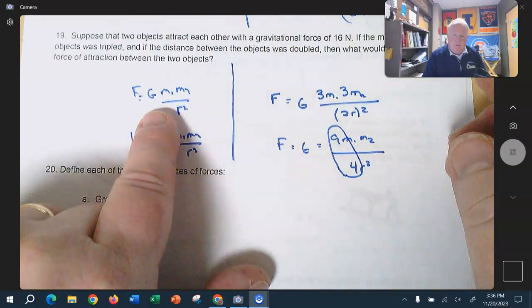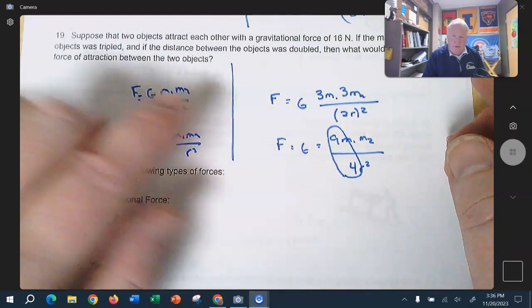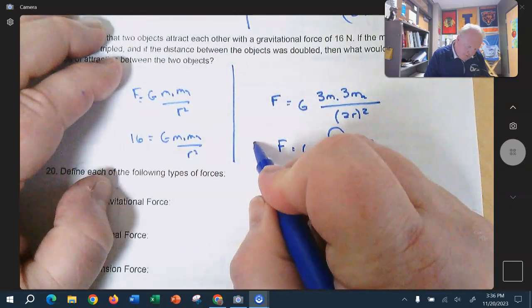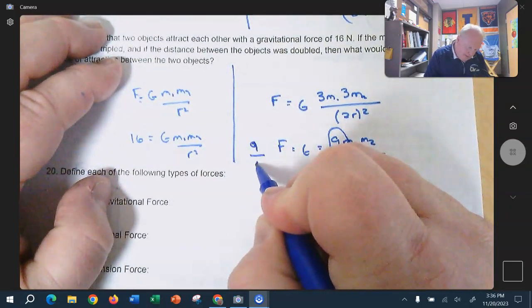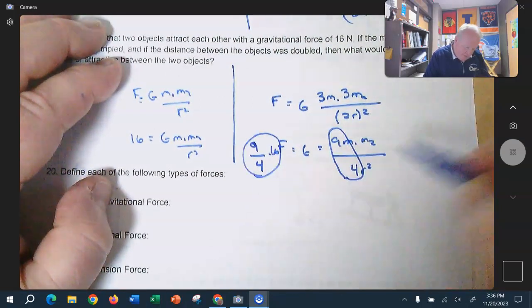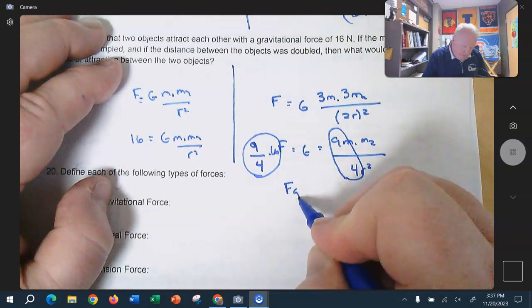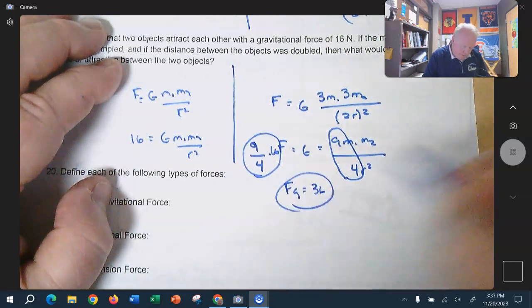That's the only difference. Whatever we do to one side, we do to the other. So we must multiply 9/4 times 16 to get our number, and I think that's going to be 36. So the new force of gravity is 36.